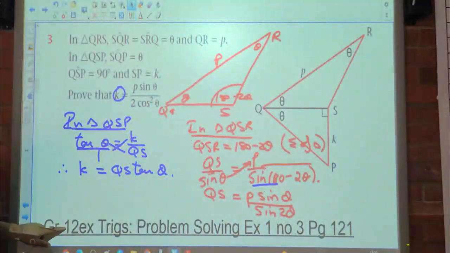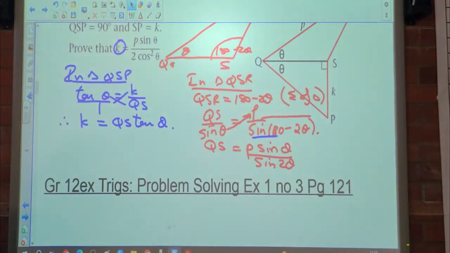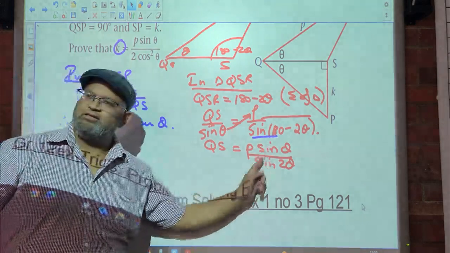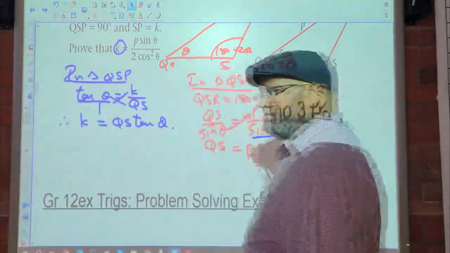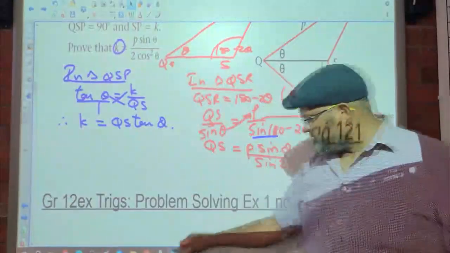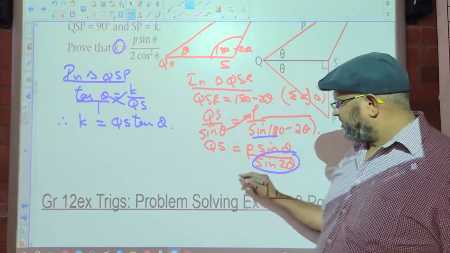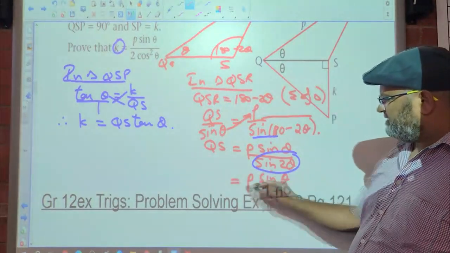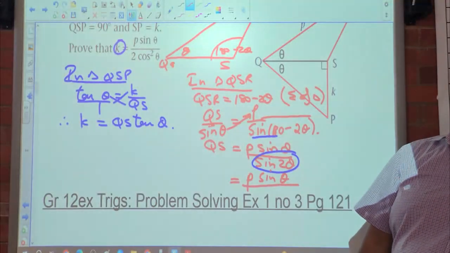Sine 2 theta can be written as what? Come on, people.